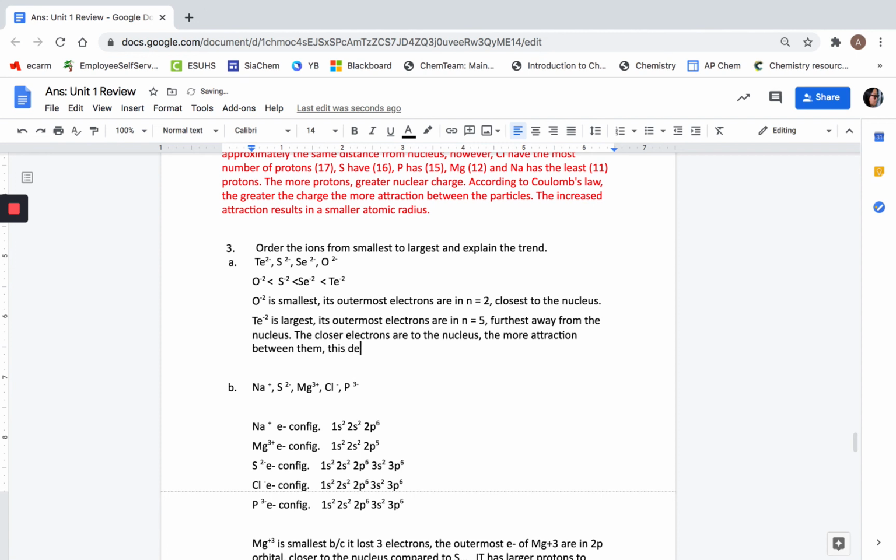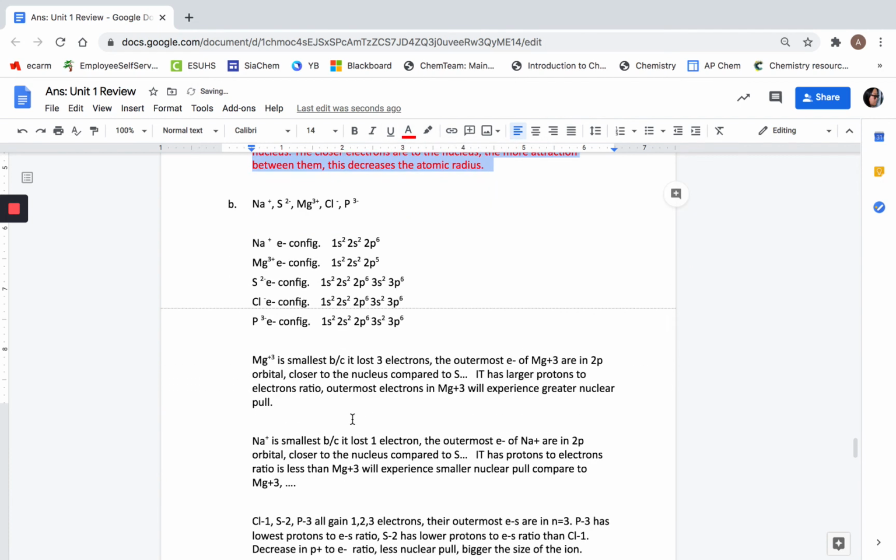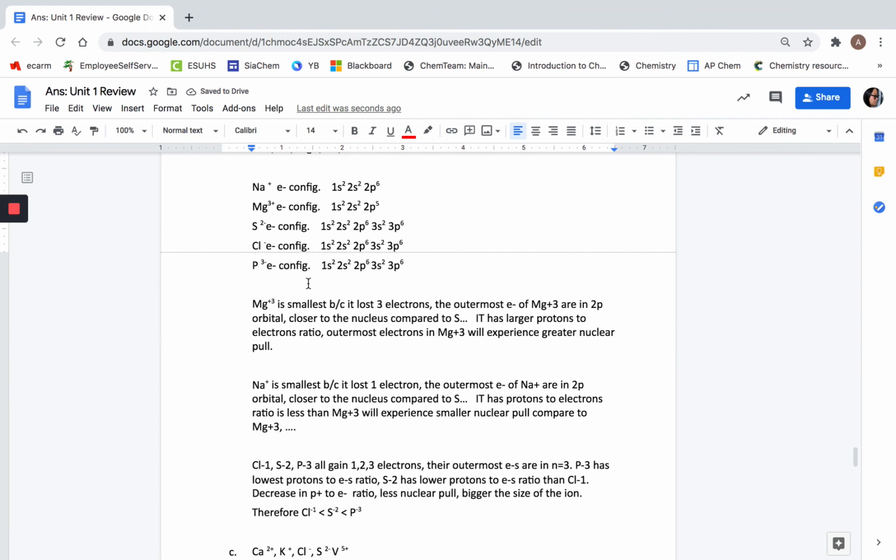This decreases the atomic radius. Okay, so I'm just going to keep it like that. I have talked about B already in class, so you can take a look at it.